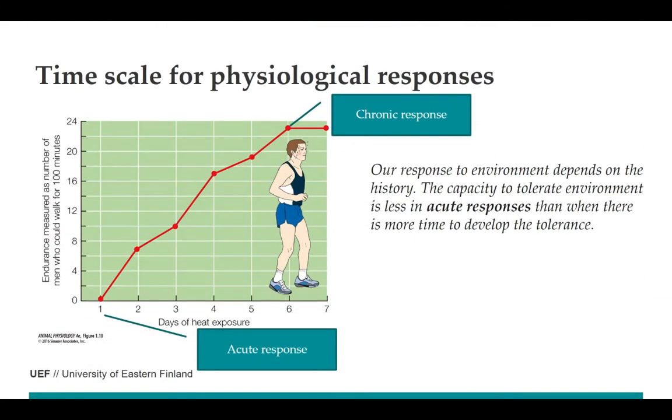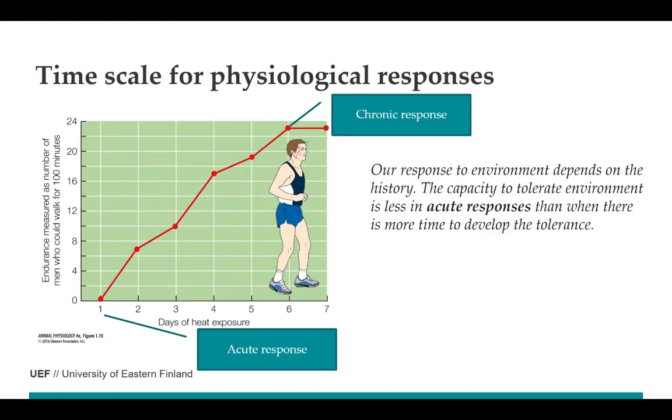And then we have to think about the scale of the physiological response. We can have completely different responses in acute or chronic situations. So when moving from very cold and dark Finland to anywhere with a milder climate or even a hot climate, on the first day of heat exposure, practically no one can do a 100 minute walk.